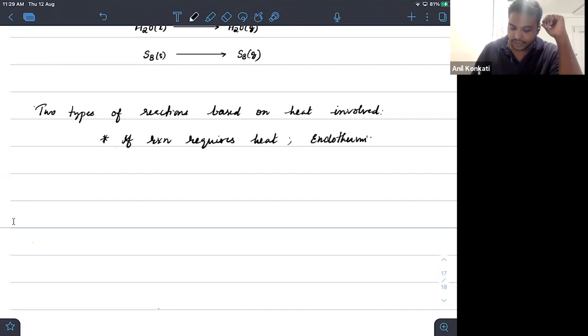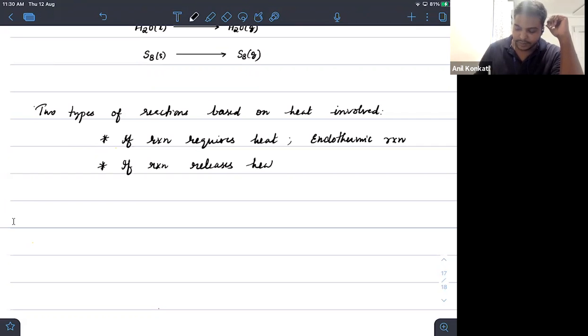It is called an endothermic reaction. And if a reaction releases heat, then we say it is an exothermic reaction.